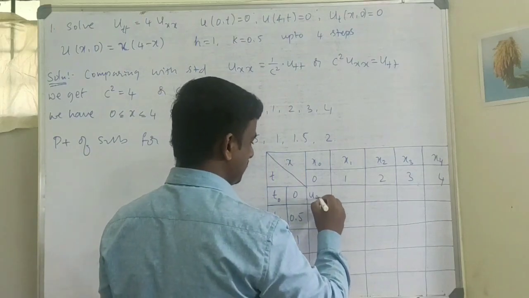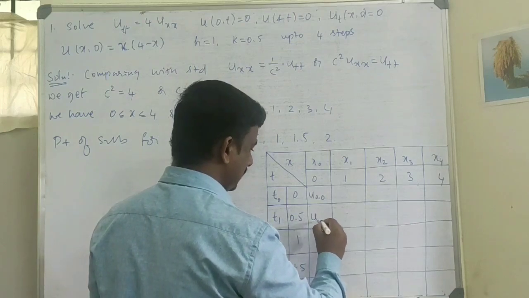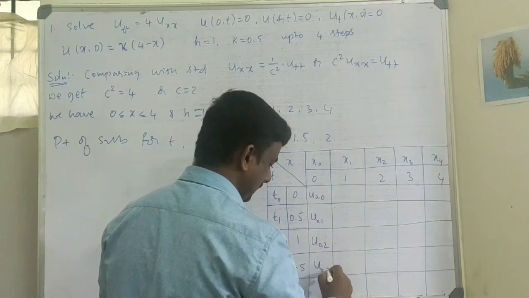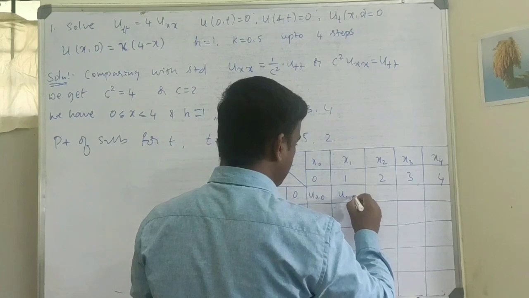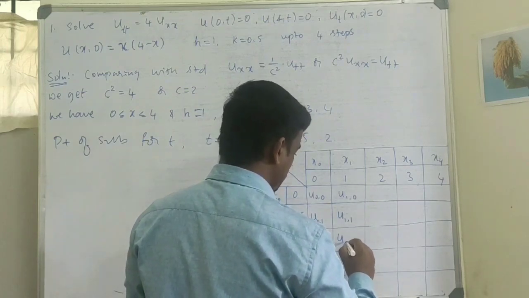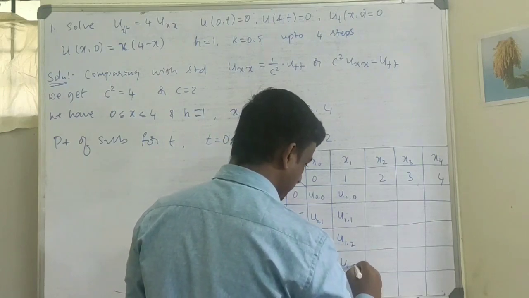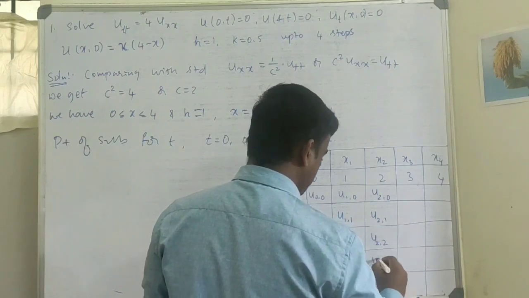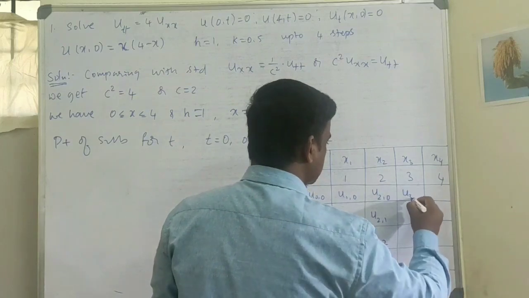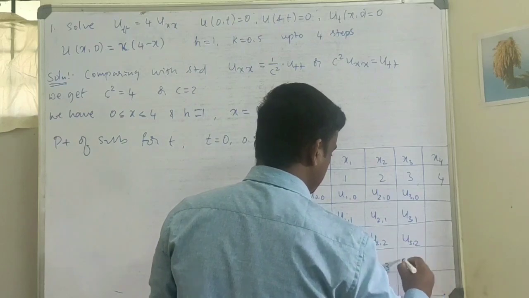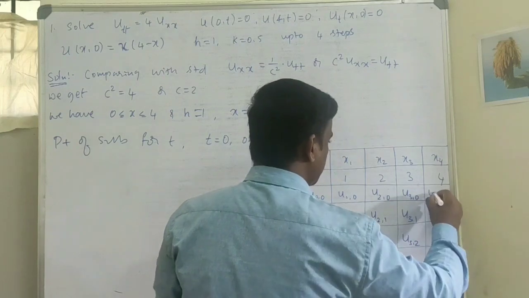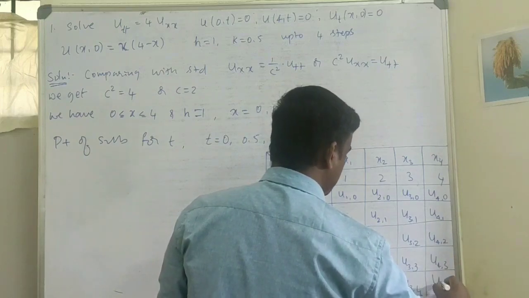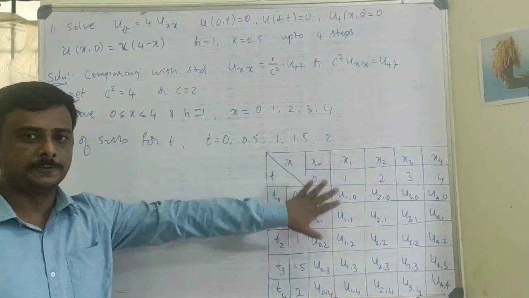The entries are u0,0, u0,1, u0,2, u0,3, u0,4, and u1,0 through u1,4, u2,0 through u2,4, u3,0 through u3,4, and u4,0 through u4,4. So this is the basic information table.